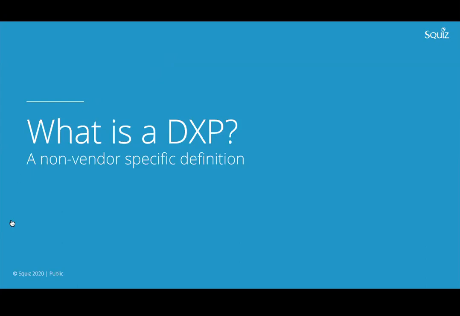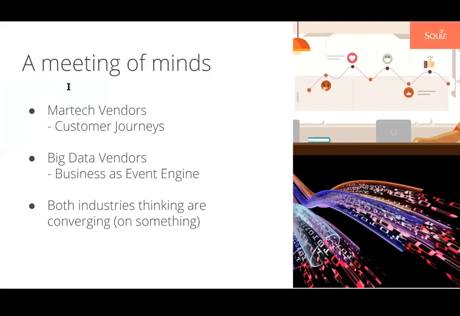One of the interesting things that I think is happening is that there's a meeting of minds between two very different industries, and they're lasering in on something that I think is what a DXP is. The one that probably everyone is familiar with is the marketing vendors, the MarTech vendors. You're probably all familiar with customer journeys. This is something that everyone has been mapping out for the past 10 or even 20 years.